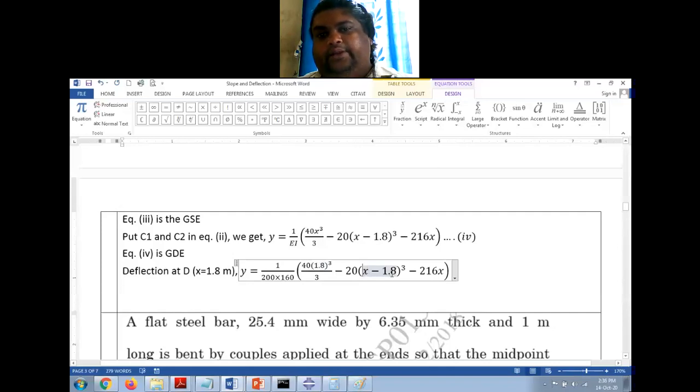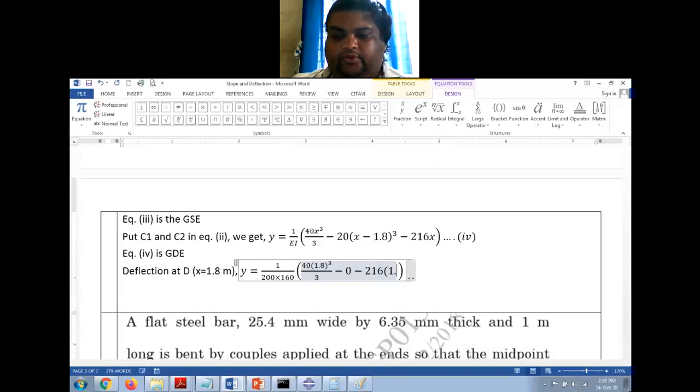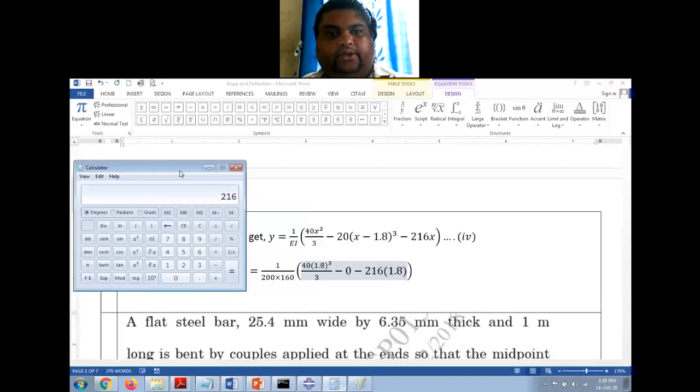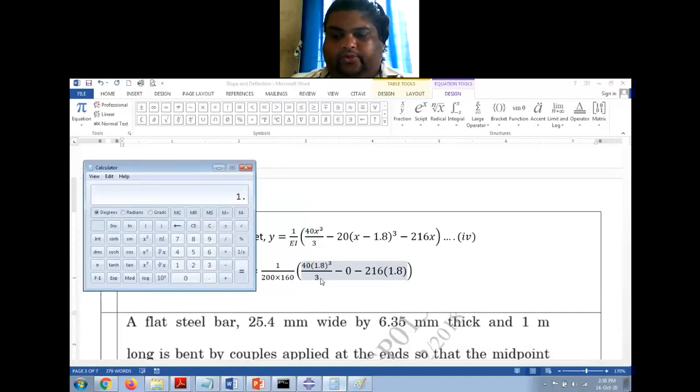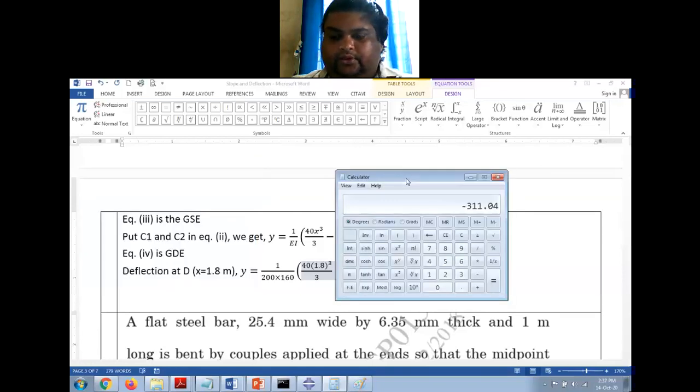Here 1.8 minus 1.8 becomes 0, so I'll just put 0 here into 1.8. Let me just calculate quickly. 1.8 cube into 40 by 3 is this, minus 216 into 1.8 is this value, by 200 by 160.